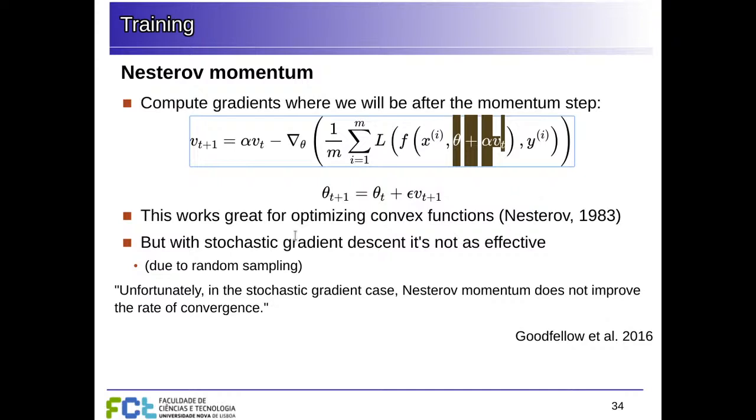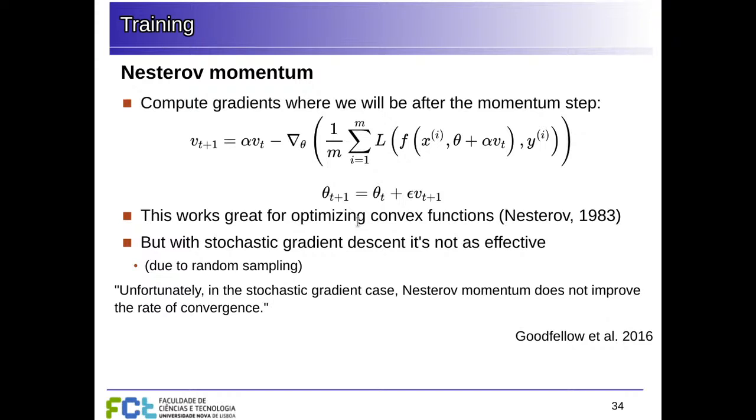Now, this is very good for optimizing convex functions, and Nesterov momentum is used in some optimization problems. It improves the convergence rate a lot because we have this information about where we will be next, and it gives us a better estimate than using the point where we are at now.